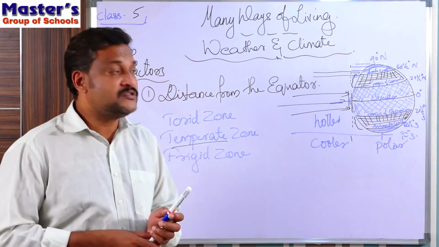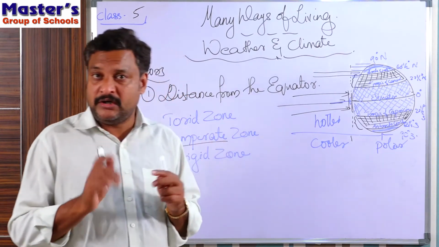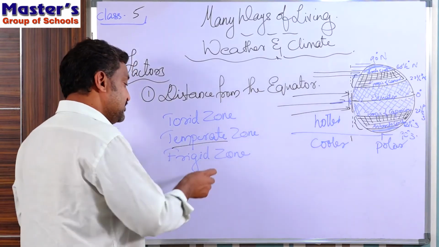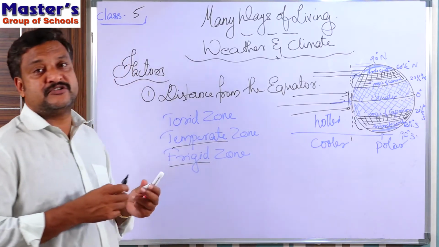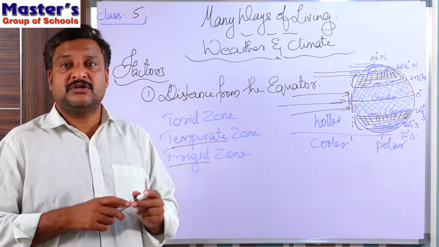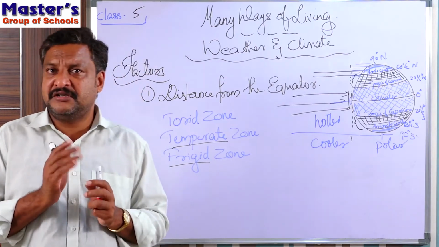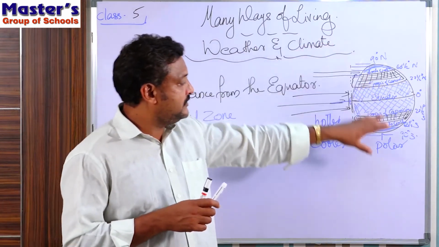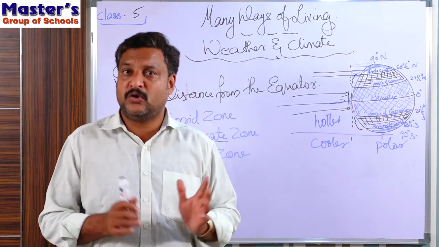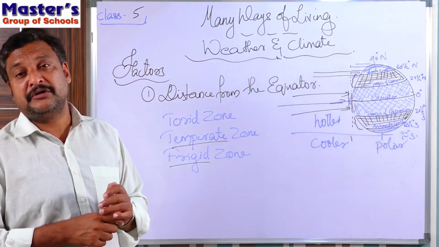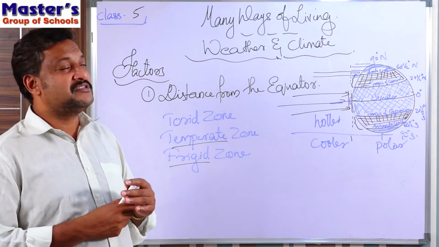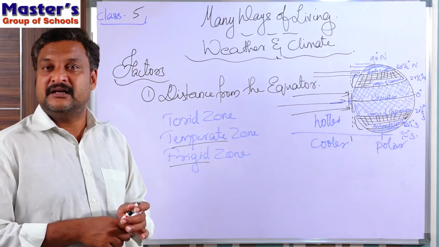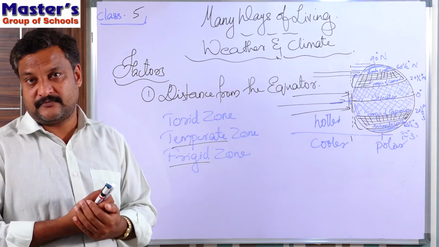Okay, so those regions are very cold, and that region is known as a frigid zone. Okay, so the coldest regions which are around the north and the south poles are known as a frigid zone because they do not receive much sunlight and is very cold.